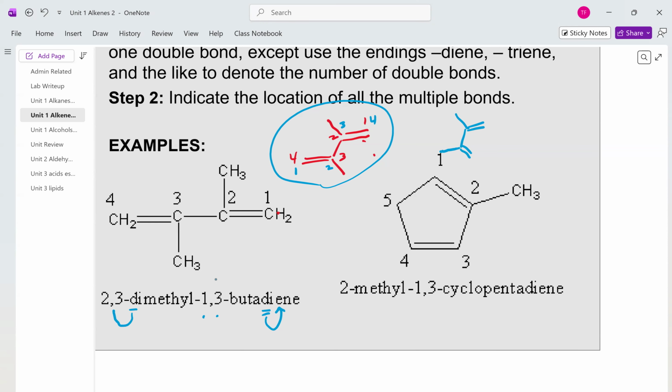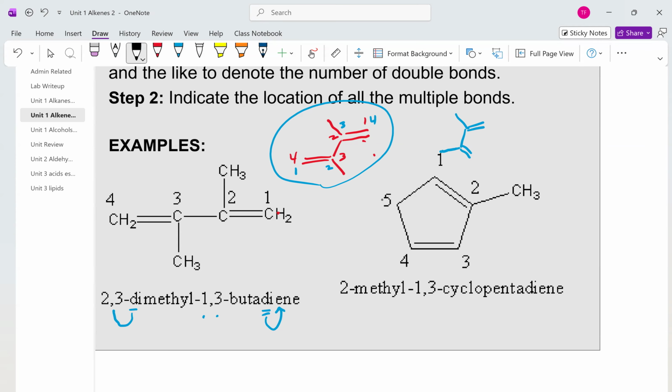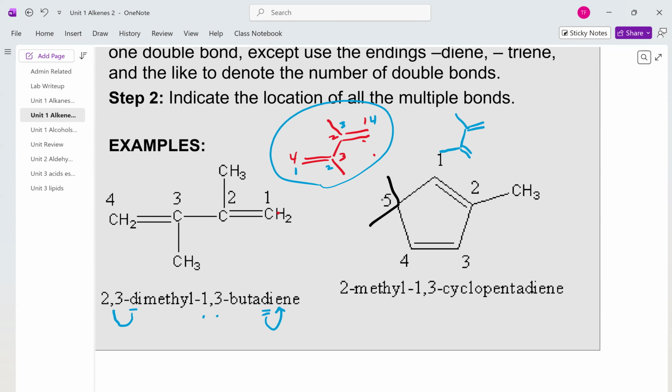And remember, you can have branches on the same carbon. For example, if we had, say in this molecule here, we had that.